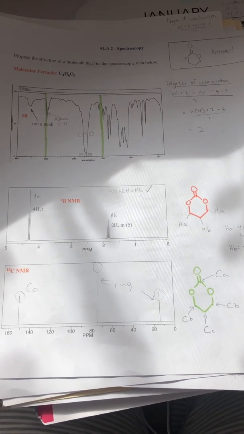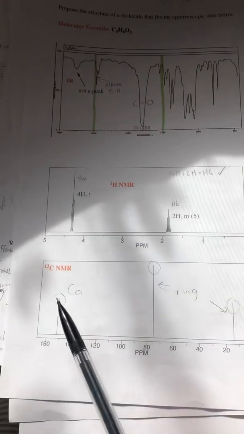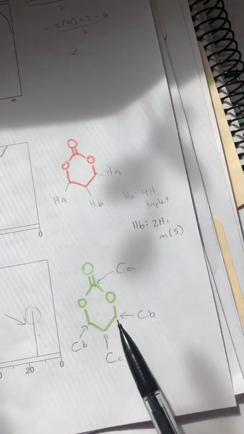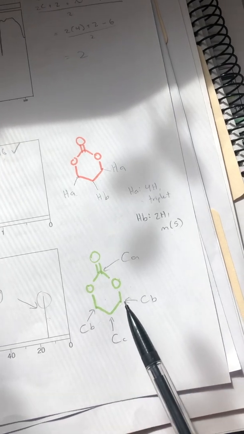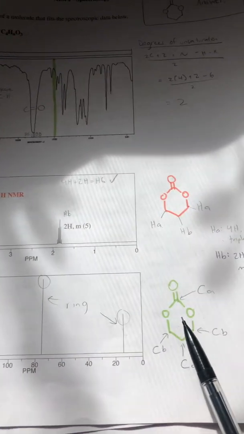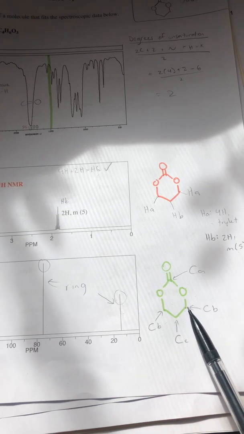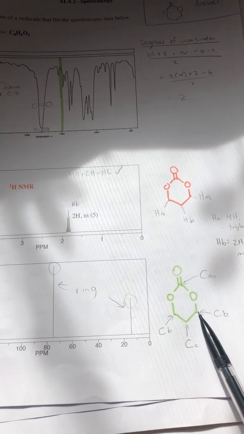And remember that you have C4, which means you have 4 carbons, but you only have 3 types of carbons. So remember that these 2 right here, Cb and Cb, they are the same. So it's only going to show up as 3 bars, but you actually have 4 carbons. These 2 just have the same ppm because they're the same.